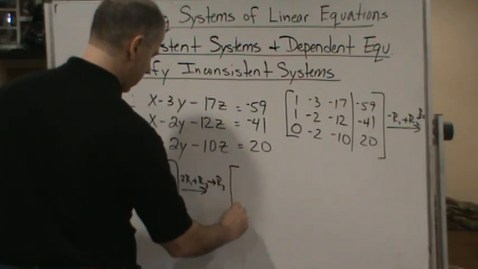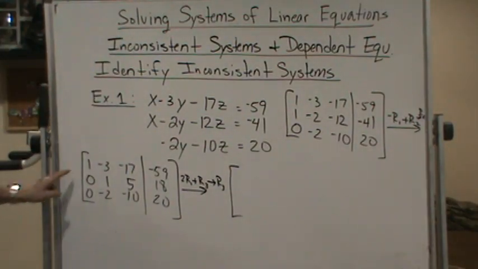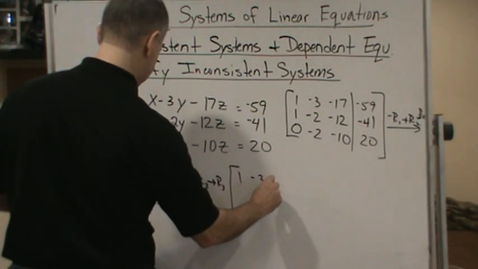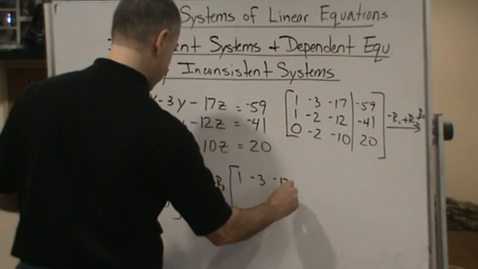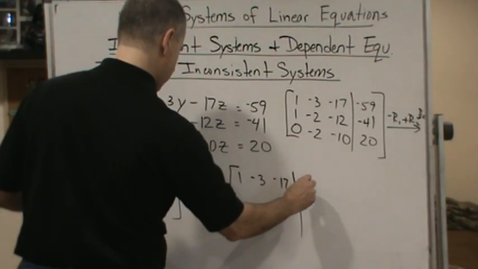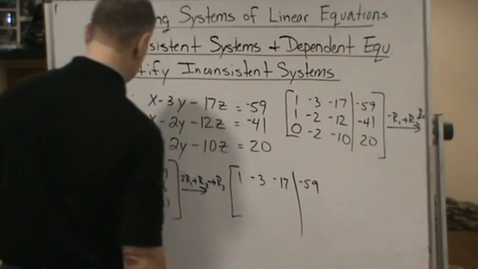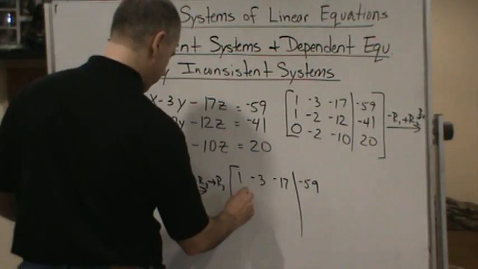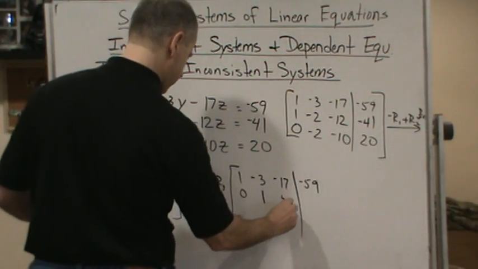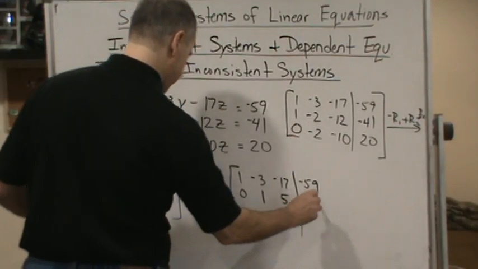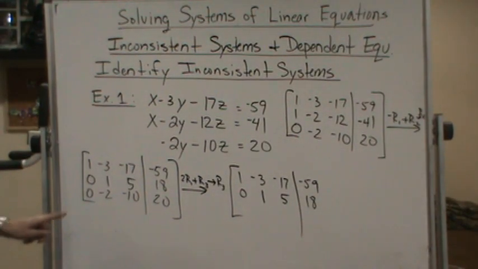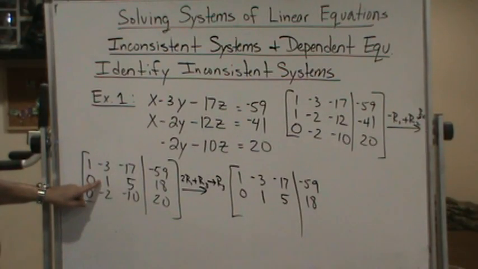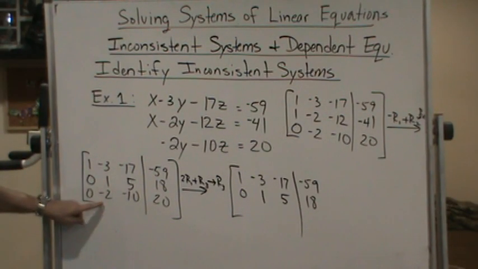The first row is going to remain the same, and the second row is going to remain the same. And let's do the last row. So now it's going to be 2 times row 2 plus row 3.